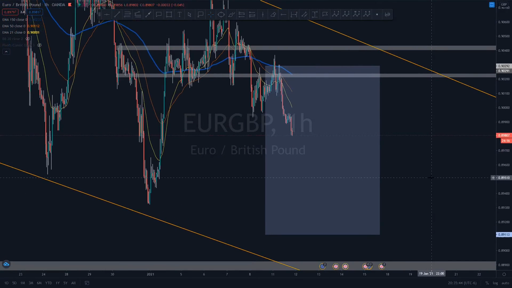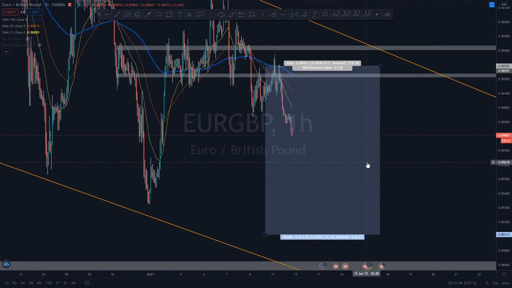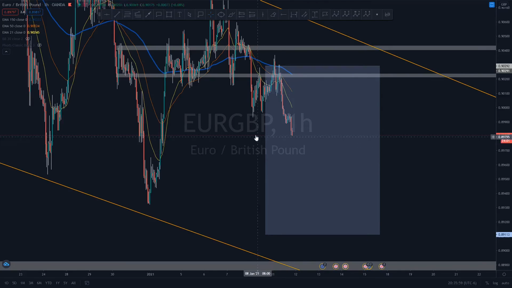So, what I'm going to explain now is how I pretty much manage my trades, right? So once price broke below here, that's when I move my trade to break even, right?